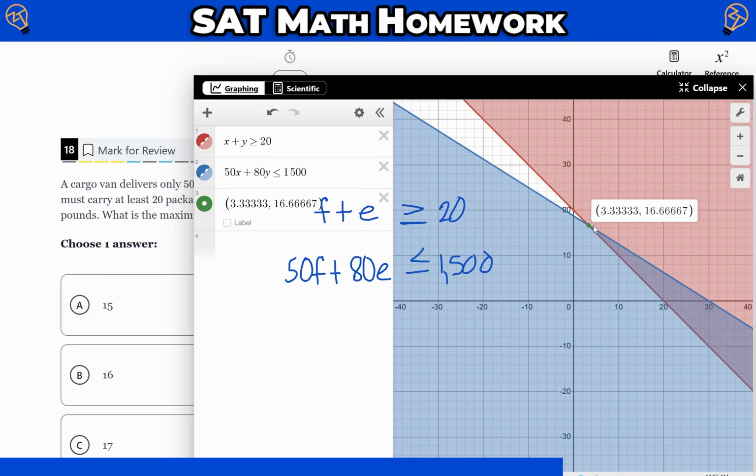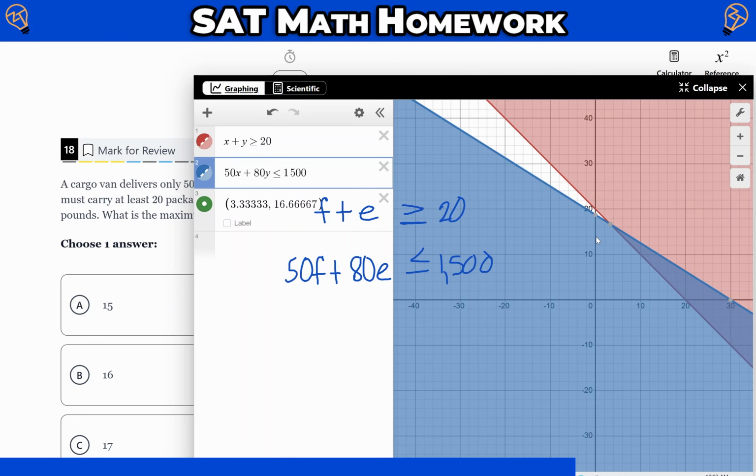However, if you go lower, you'll be in the shading of both. What may be a little confusing, and it gave me pause as well, is that we know for sure the y coordinate can't be greater than 16.6 repeating, because then you will no longer be in the shading where both the red and the blue are. So we could definitely eliminate anything greater than 16.6 repeating.